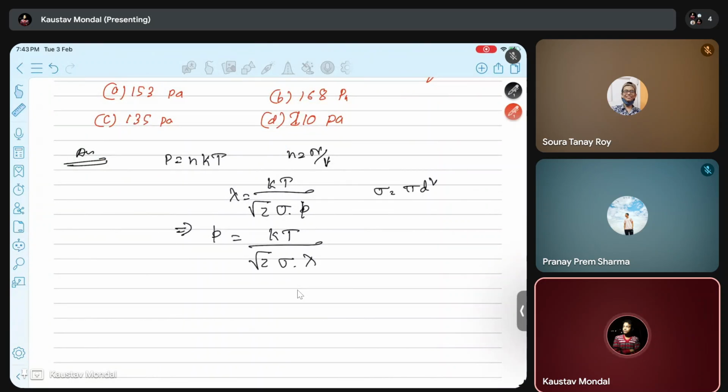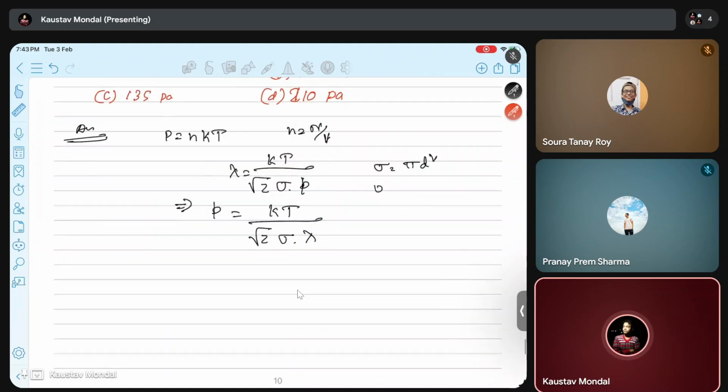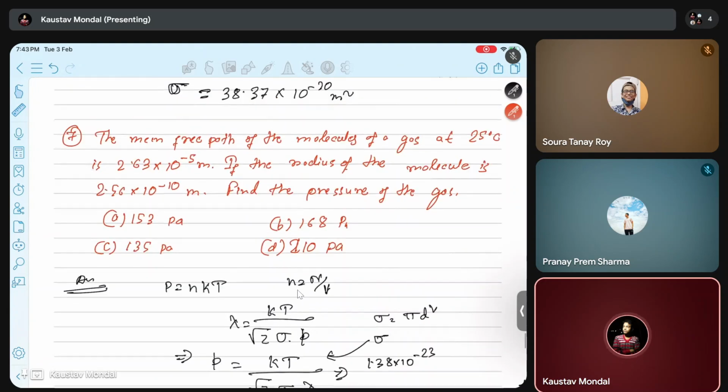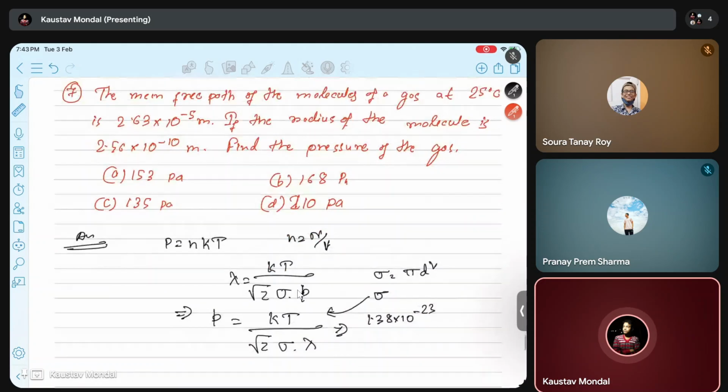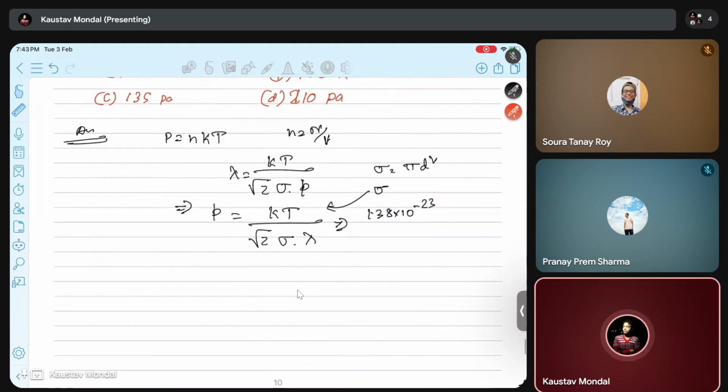Since the radius is given, you can calculate the sigma. Just put it here. kB is 1.38 into 10 to the minus 23. Temperature is 25 degrees centigrade, so T is 273 plus 25, which is 298 Kelvin.